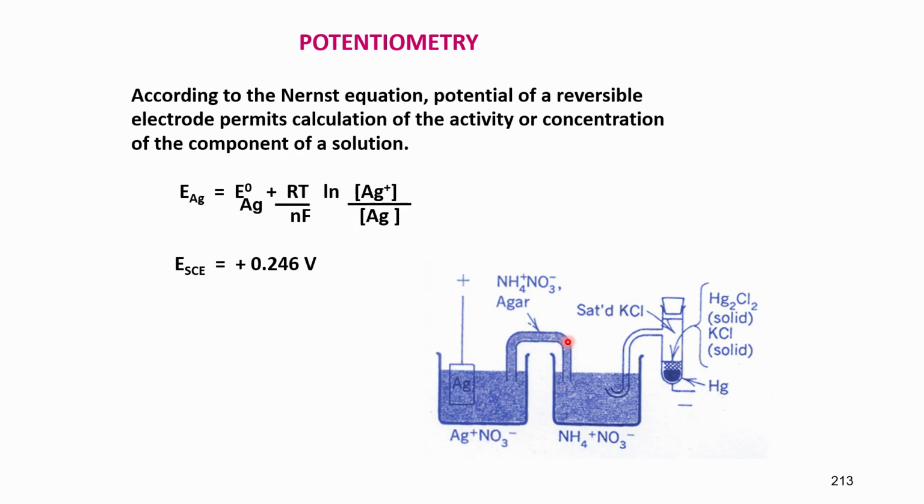The salt bridge will contain potassium nitrate or something, that will permit the passage of nitrate ions through this, and silver ions will be moving towards the cathode here, and nitrate ions will be moving towards the anode here. So, what is the other electrode, the anode?